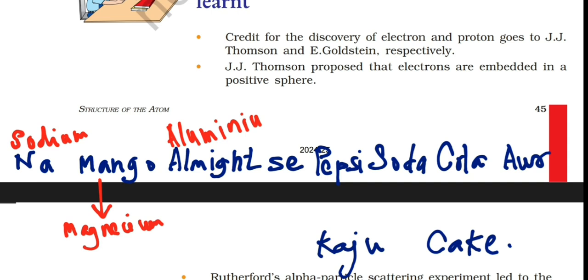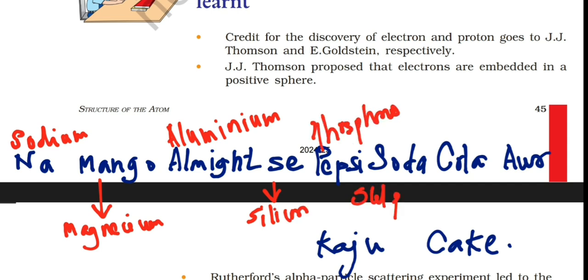Here Na stands for the chemical formula of sodium. Mango: Mg stands for magnesium. Almighty: Al, aluminium. Se means silicon. Then Pepsi: P stands for phosphorus. Soda: sulfur. Cola: chlorine.